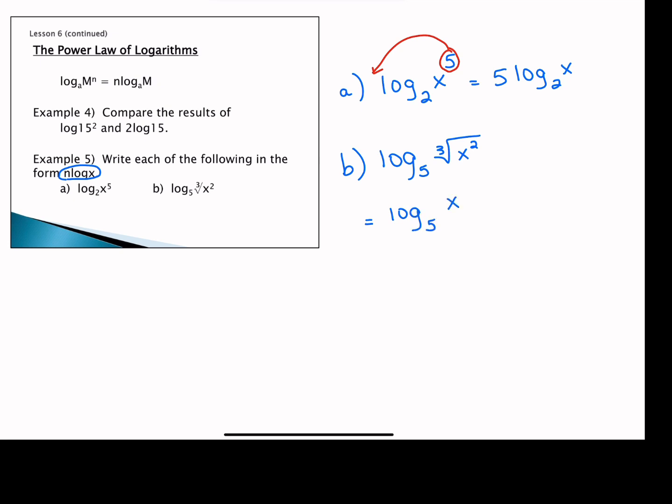If you have the cubed root of x squared, that power, of course, is going to be 2 over 3, where again, the numerator is the power that's associated or assigned to the x. The denominator of the fraction is always the index or the type of root that we see. Now what we can do is take that power and move it in front as a coefficient. So an equivalent expression would be 2/3 times log base 5 of x.